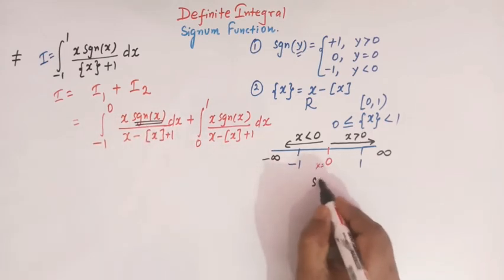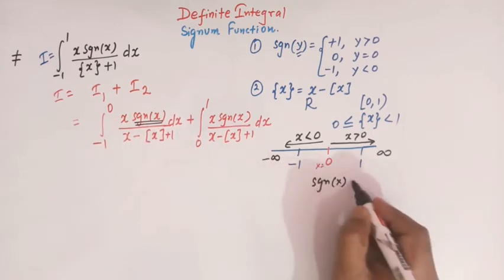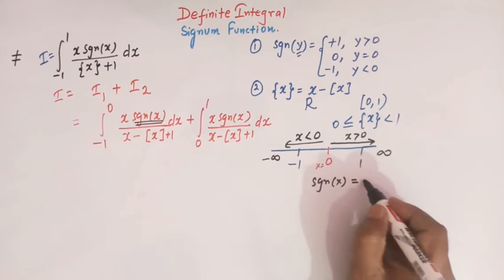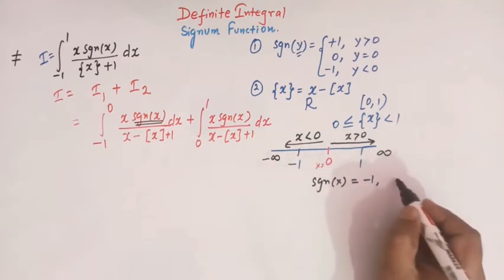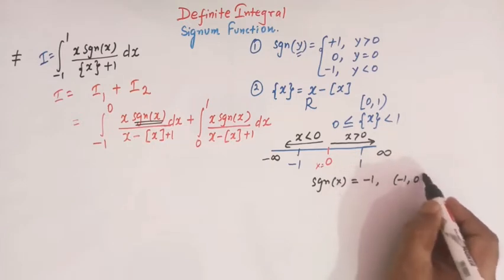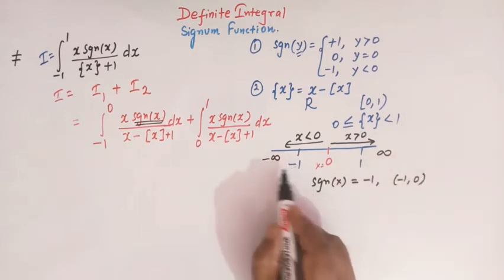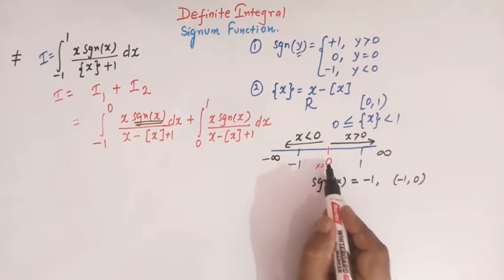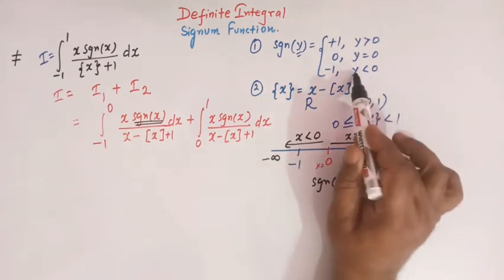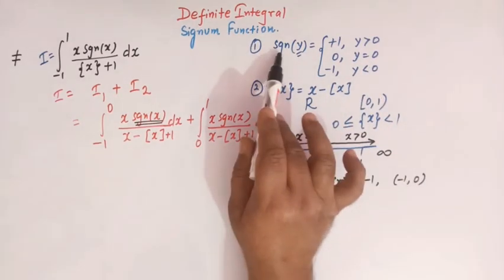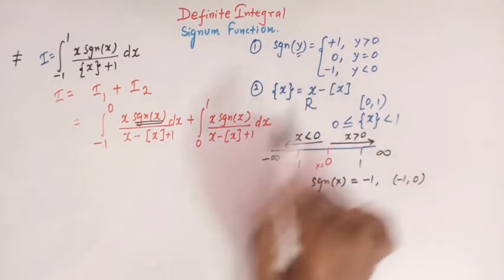Signum of x is equal to -1 when we take the interval from -1 to 0, because in this interval all x are less than 0, and when y is less than 0, signum of y takes the value -1.